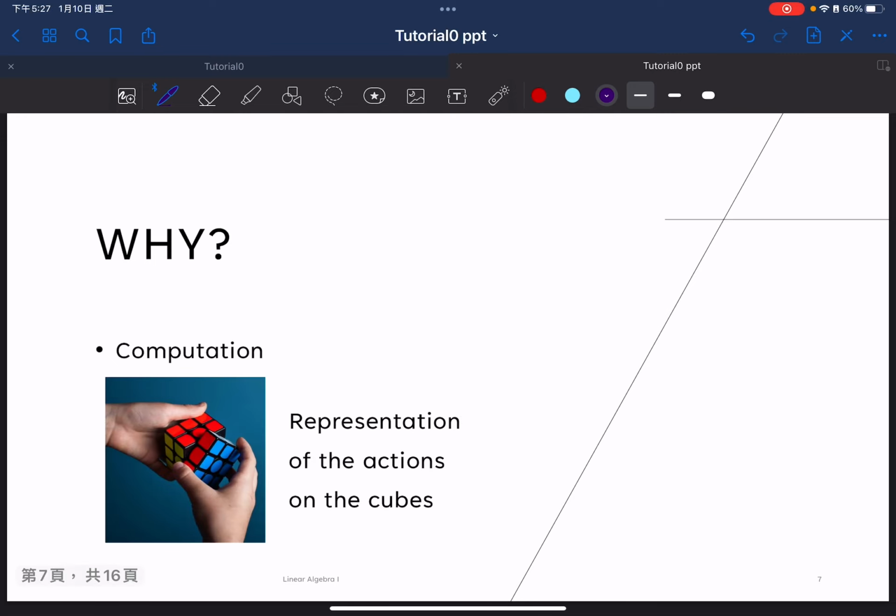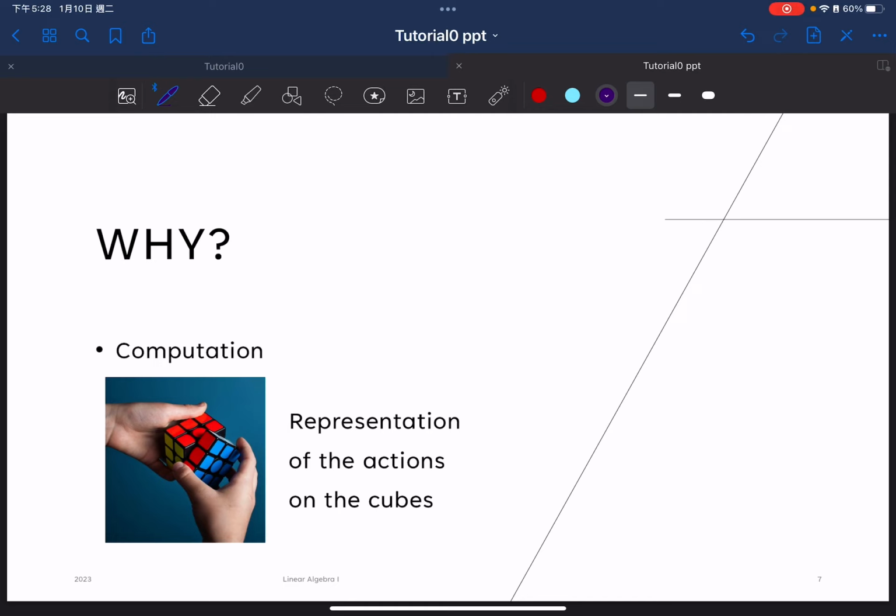Say you have a Rubik's cube, which is very complicated. I can't even do a Rubik's cube properly. If you want your computer to solve the Rubik's cube, how do you do it? You can hard-code all the things, but one way to do it is by linear algebra.